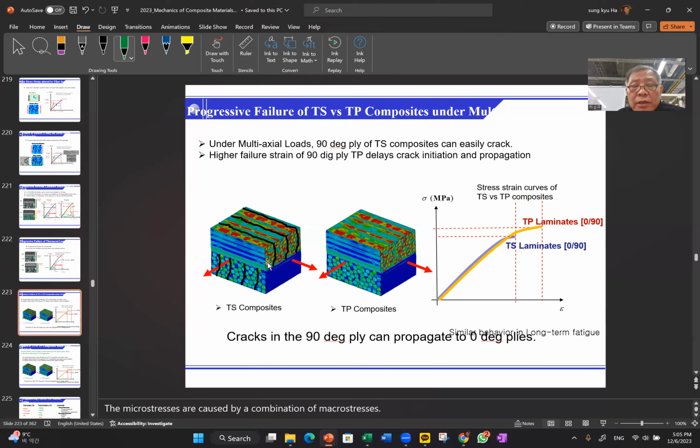Why? Because as demonstrated here, even a fiber-directional load or strain may cause a crack in the 90 degree. This may cause the initiation of the failure and so on. So the point is that the higher failure strength is very important.